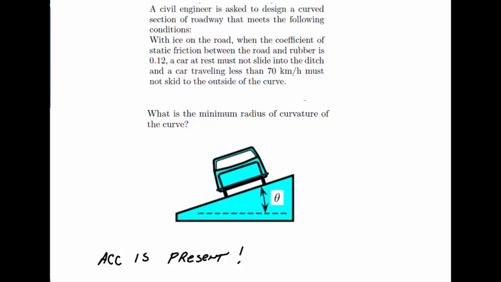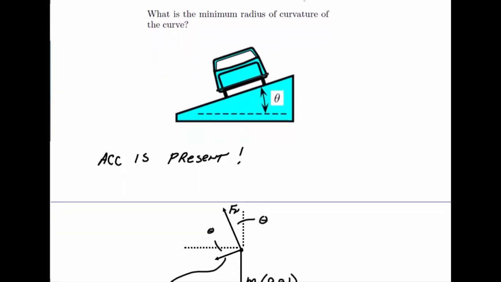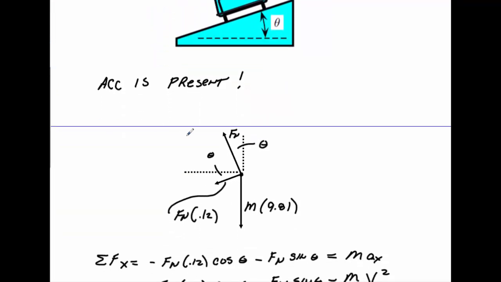When I do that, as noted, acceleration is present. To get maximum acceleration, your frictional force is going to reverse itself and point back down. So I set this up as the maximum friction, which would be the normal force times mu of 0.12. Force normal here. I set this angle as my theta, and again that's going to be 6.84.